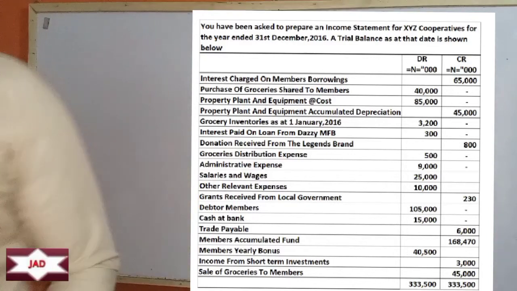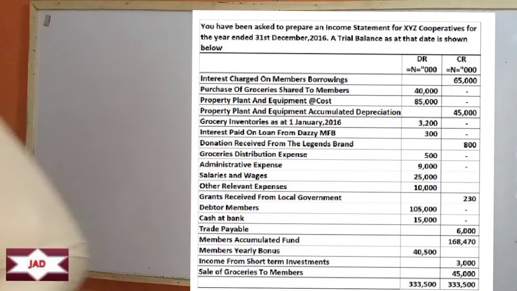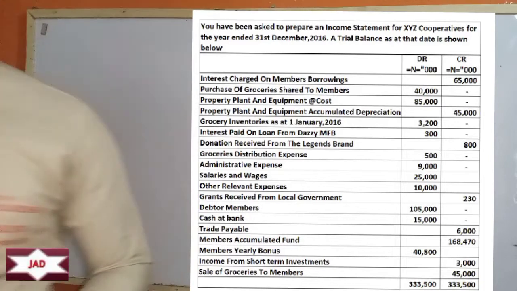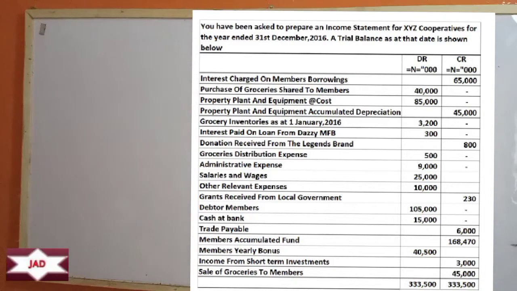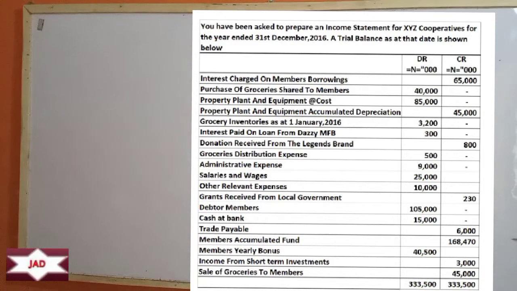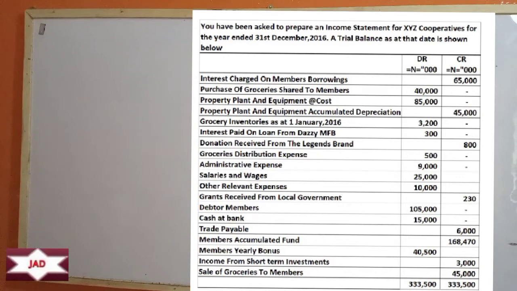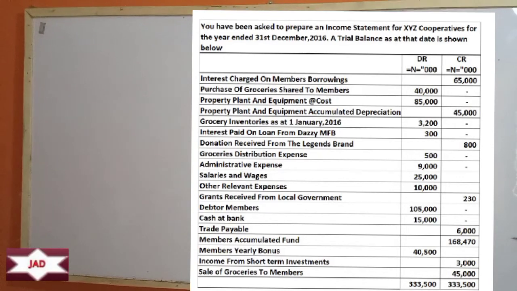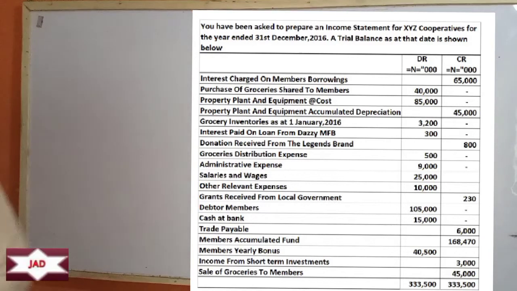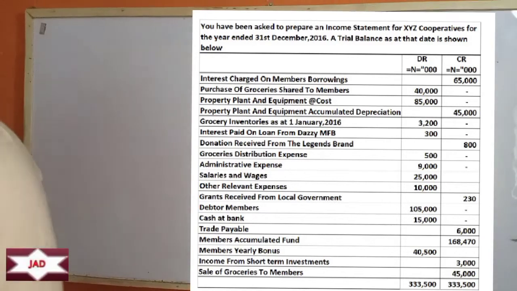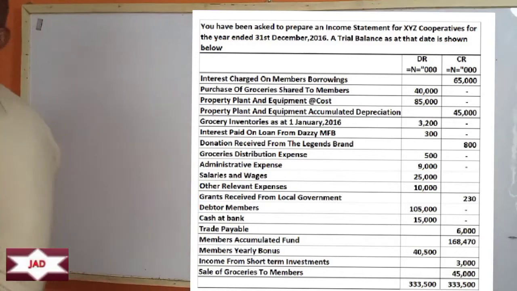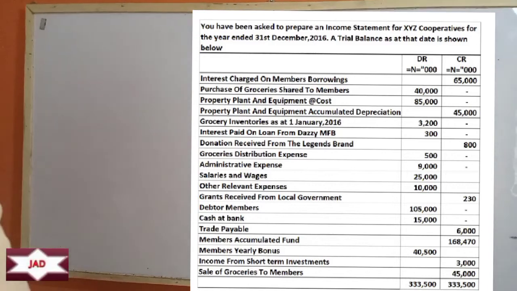Then we have grant received from local government, debtor members, and cash at bank. We have trade payables, members accumulated fund, members yearly bonus, income from short-term investments, sales of groceries to members, and then the trial balance agreeing there.